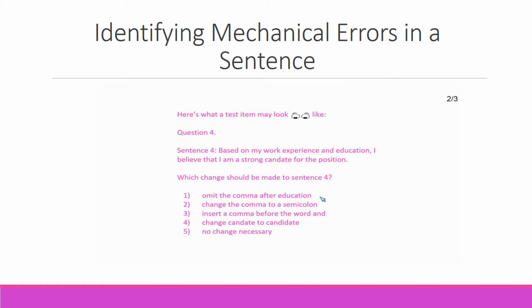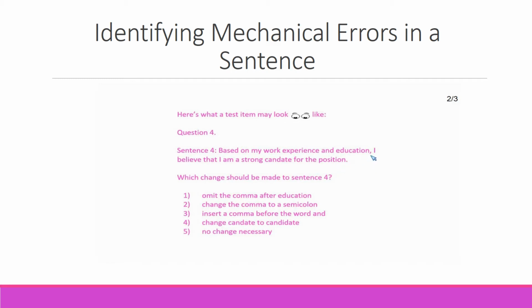So let's do that. When we look at option number 1, it asks us to omit the comma after education. And when we look at the sentence, we see that the comma is applied after the dependent clause, which is followed by an independent clause.